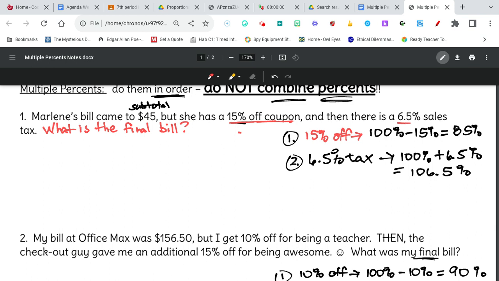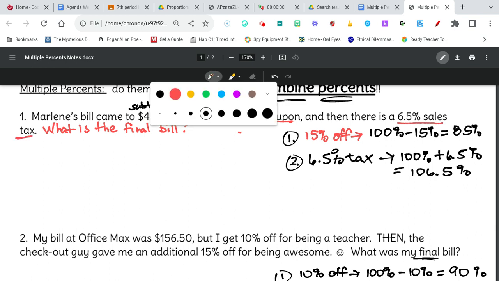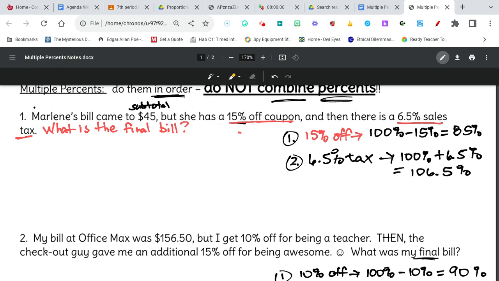And then there's a 6.5% sales tax. That's important. I'll need you to write this in on your notes for me. Write this in, which I haven't read, which says, what is the final bill? And I'm going to circle the word final. So I'm looking for the total price after the coupon and the tax have been added.